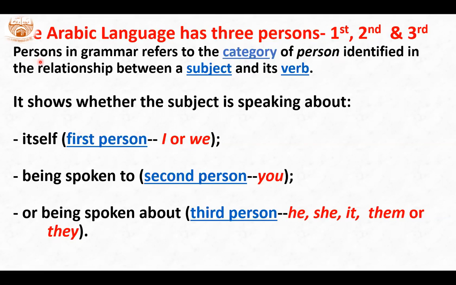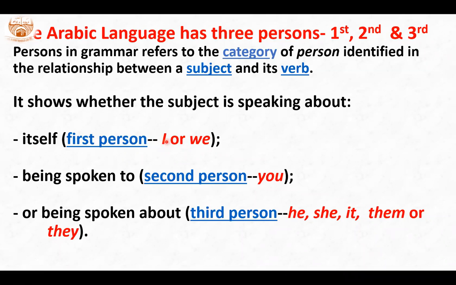Persons in grammar refers to the category of person identified in the relationship between a subject and its verb. It shows whether the subject is speaking about itself. So if the subject is speaking about itself, what pronoun would we be using? If he is only referring to himself, you will say I. So that's the first person.